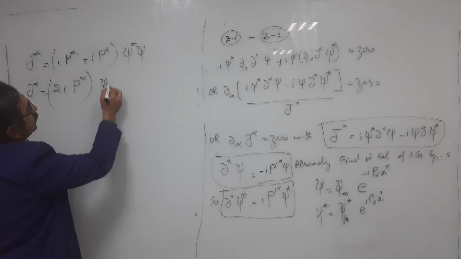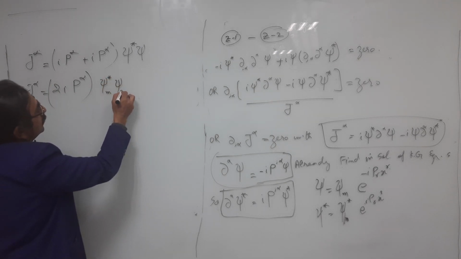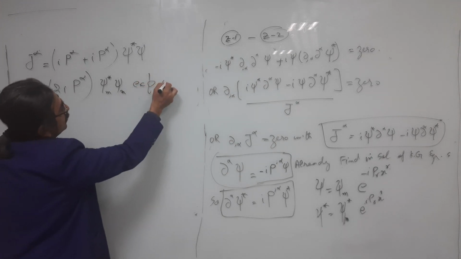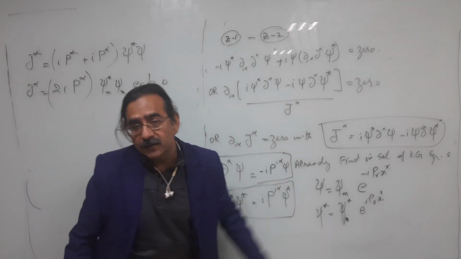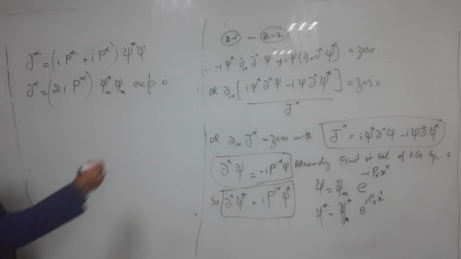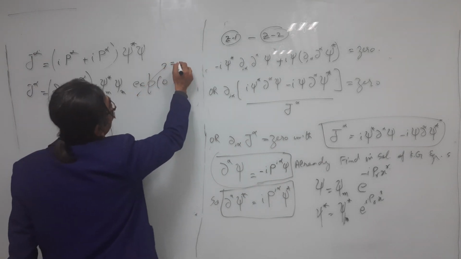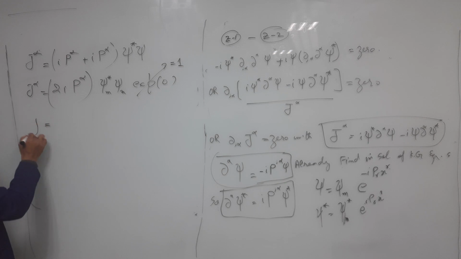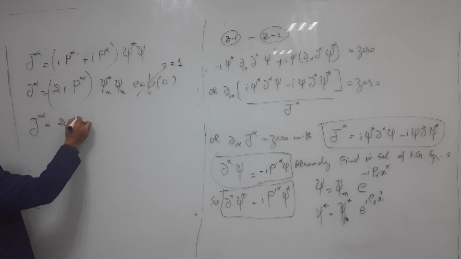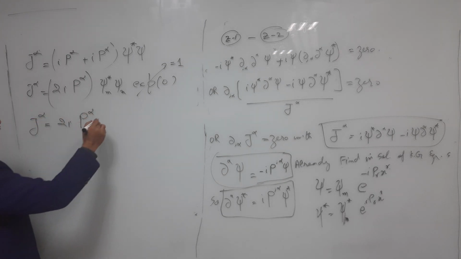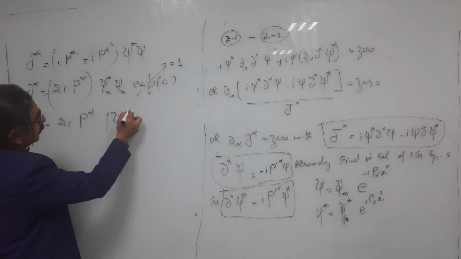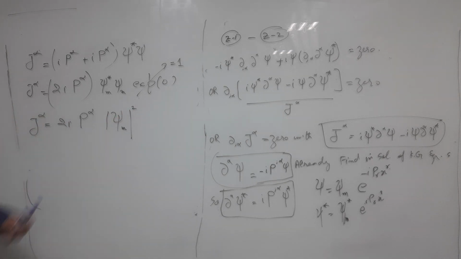Psi m star psi m exponential of 0, because the complex conjugate will be cancelled out. The exponential of 0 is equal to 1. So this J alpha will be 2 iota P alpha. This is a number. Psi m is a maximum value. J0, what is J0?